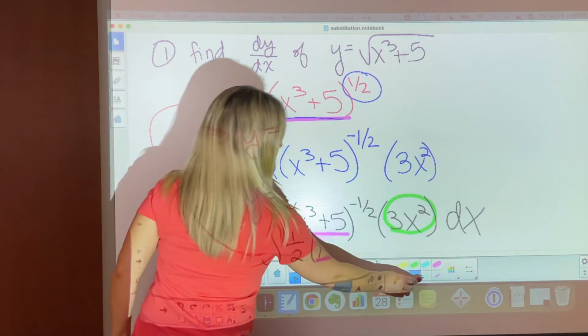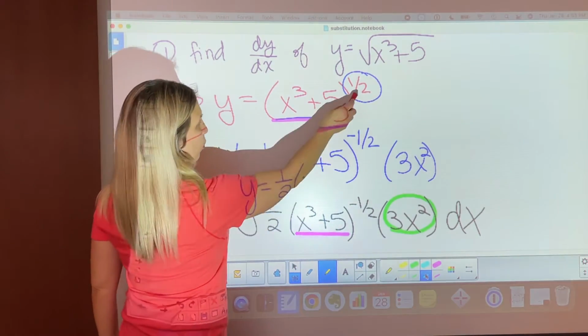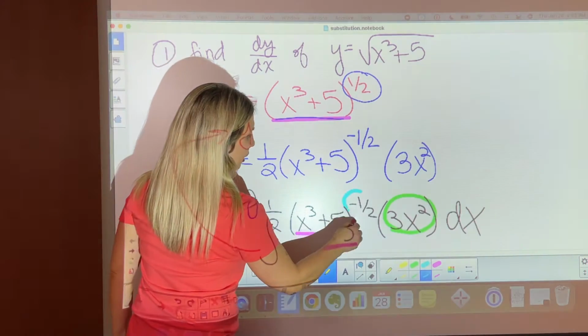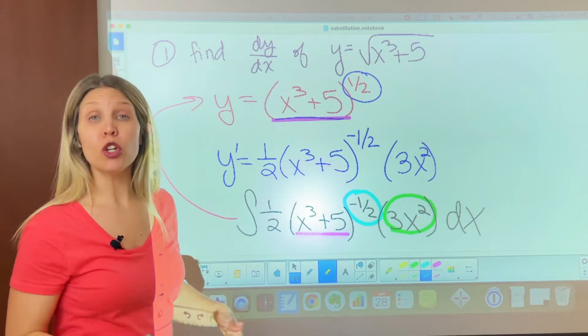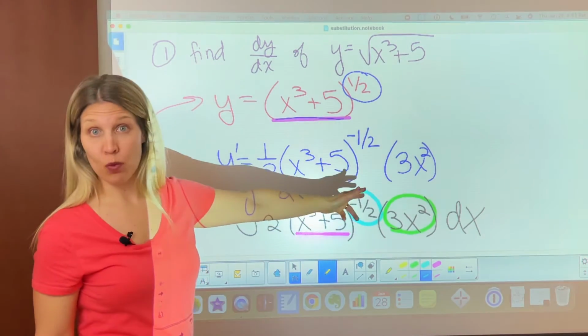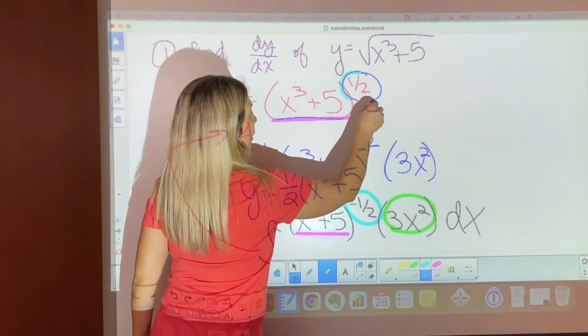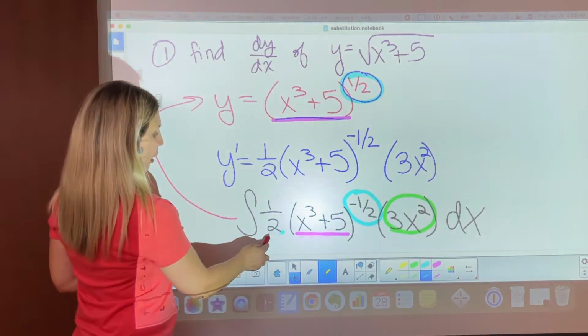Now let's look at the exponents. Notice that what we did here, we took our -1/2. And what's the normal rule when you integrate? You add 1 to the exponent. So if you take -1/2 and add 1, we do get +1/2. But what about this guy out front?